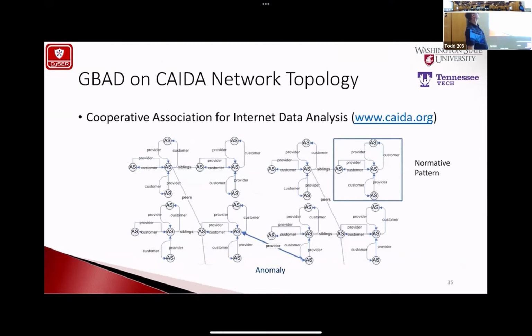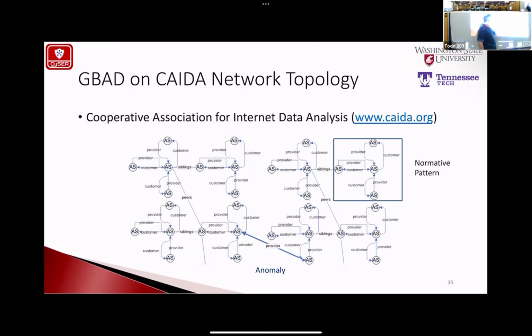Some other examples, so CAIDA, the Center for Internet Data, I can't remember the name exactly. They collect a bunch of data about the internet, and one of the data sets they collect is the routers that are connected. They're called autonomous systems, and you can track how these routers talk to each other, and find this normative pattern, which is a provider-customer relationship.